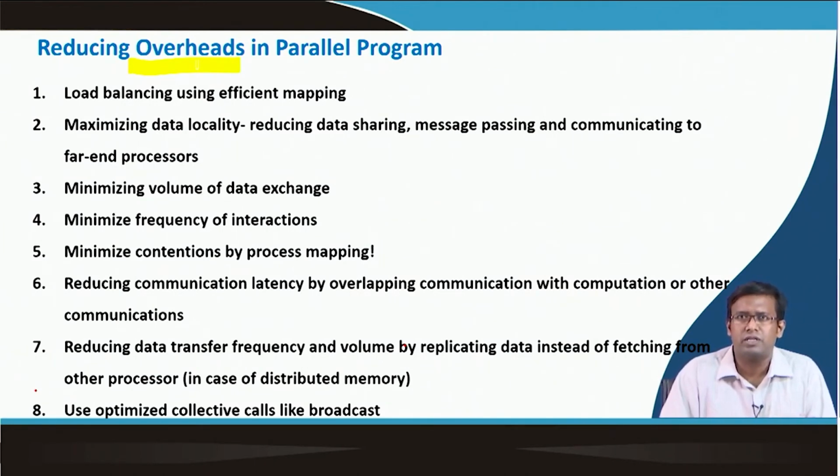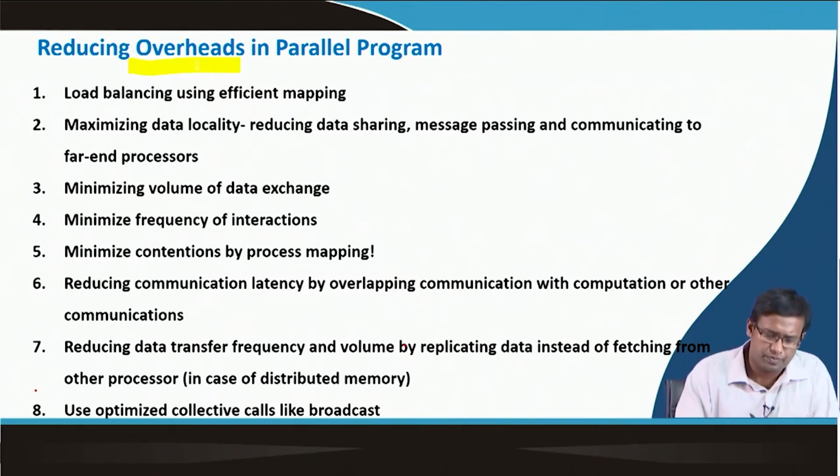So the overhead is extremely important. It's very easy to make a job parallel, but it is also extremely difficult to reduce the overhead and get optimal performance, and this is something we will focus on in our subsequent discussions also, especially when we learn about parallel programming. Okay.